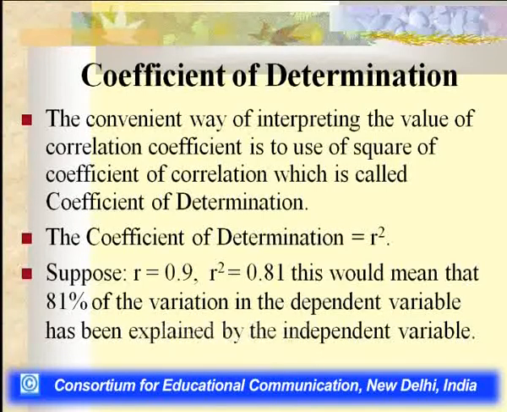So this is the most important aspect to be discussed: if you compare the coefficient of correlation and the coefficient of determination, the coefficient of determination is a much better measure, because it gives you the square of r, which explains the deviations in the dependent variable that have been explained by the independent variable.